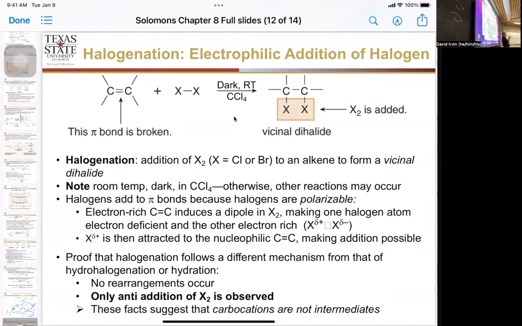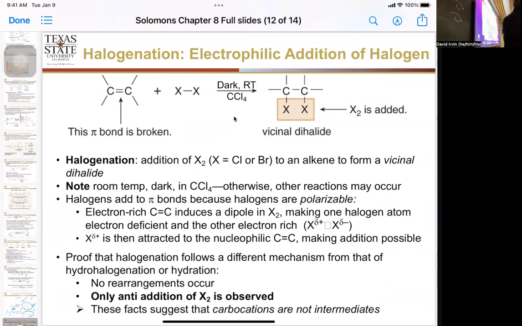Carbon 1 and carbon 2 of the double bond end up with one halogen on each. The mechanism's a little different than everything we've done before, and it'll work with chlorine or bromine. Turns out iodine is not reactive enough, and fluorine just blows up. It's just too reactive. So this is best for chlorine and bromine.